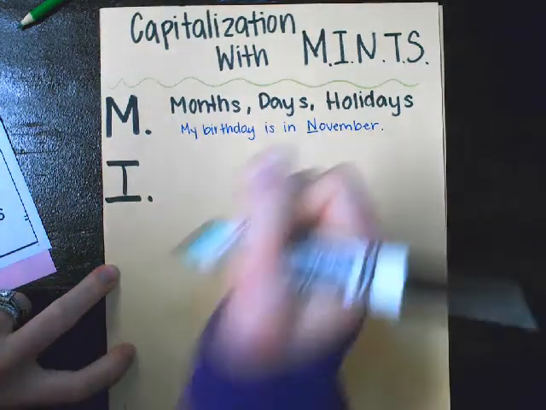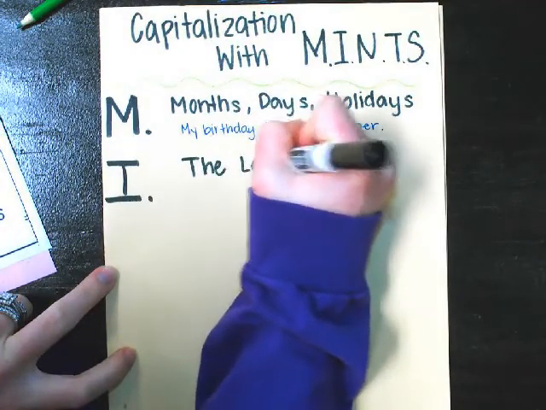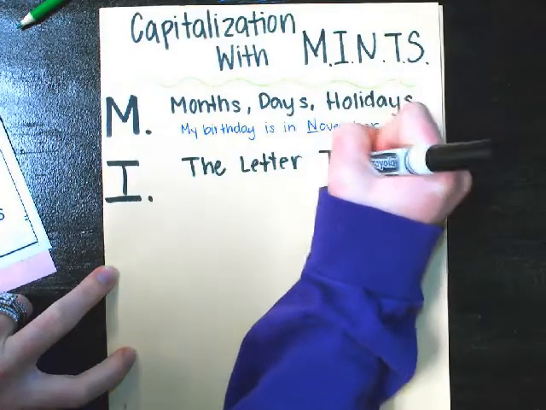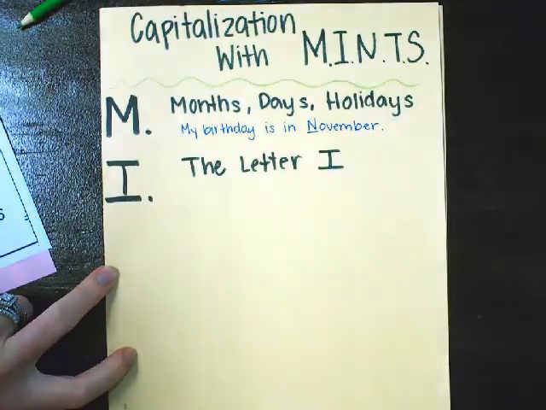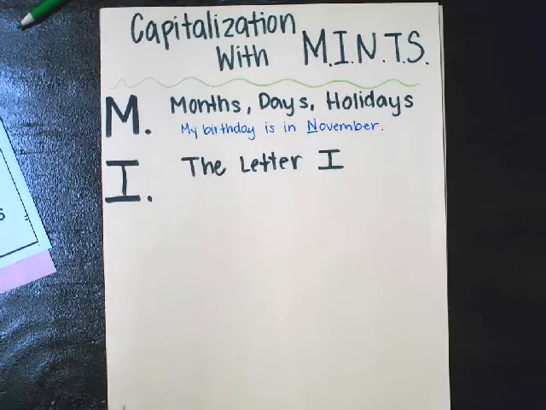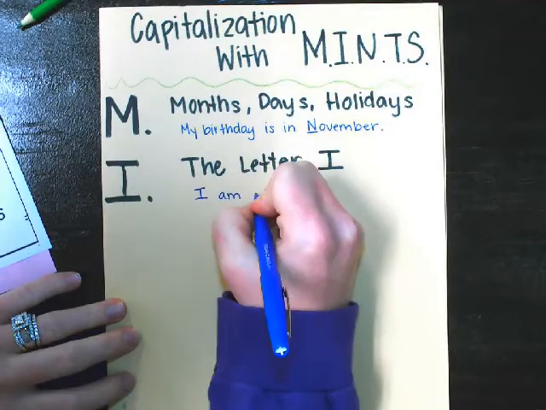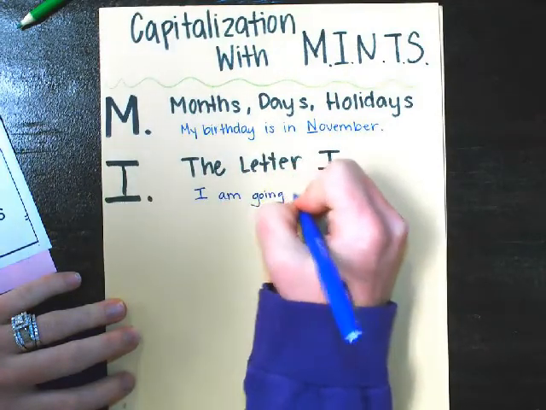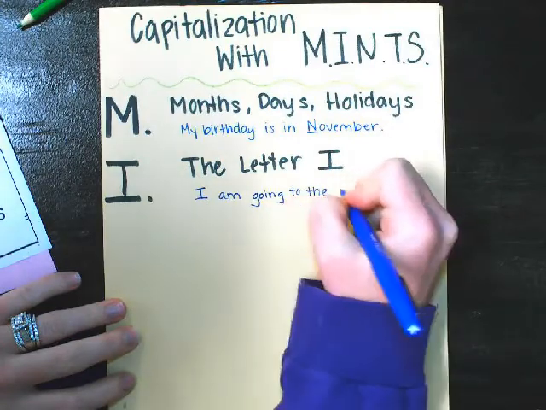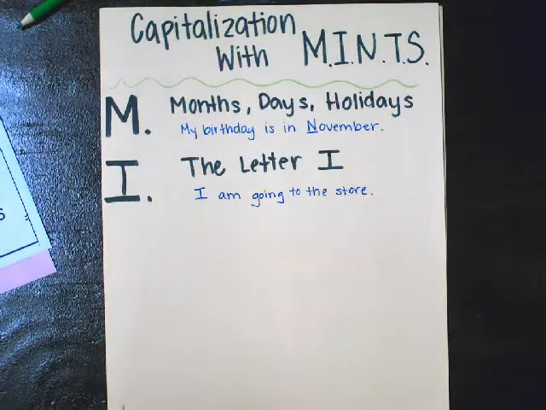We just capitalize the letter I. Now I'm going to write a sentence with I. I'm going to put I am going to the store. Remember, the letter I is always capitalized when it's by itself, when it's standing alone.